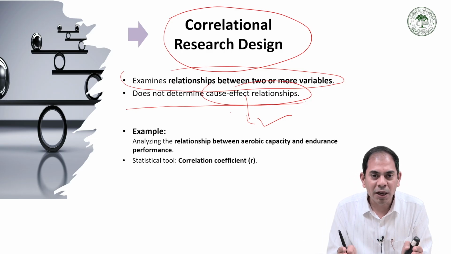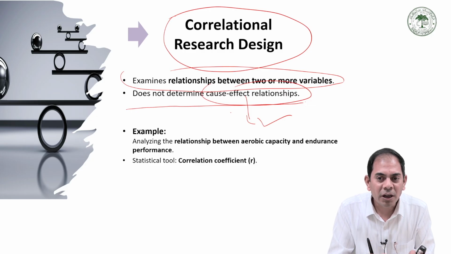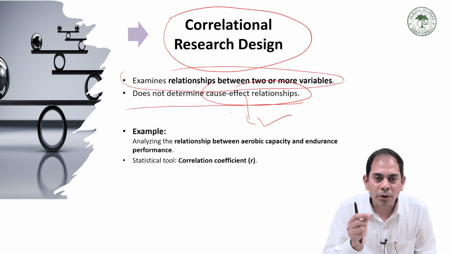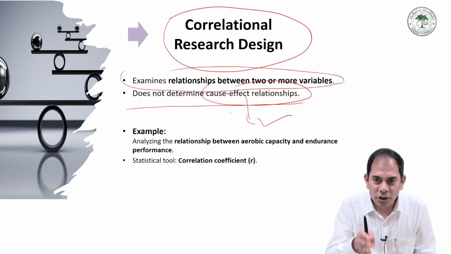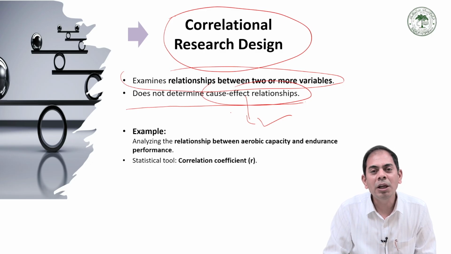This design gives the answer to simple questions such as whether a relationship exists and how strong the relationship is. In correlation research, the researcher only observes and measures the variables as they naturally occur in a natural setting, and does not establish any kind of cause and effect relationship.